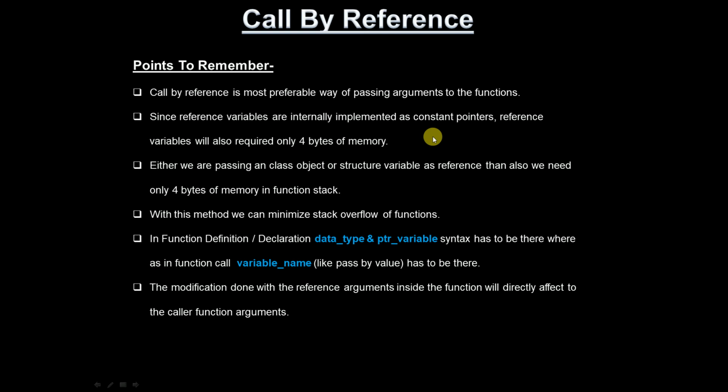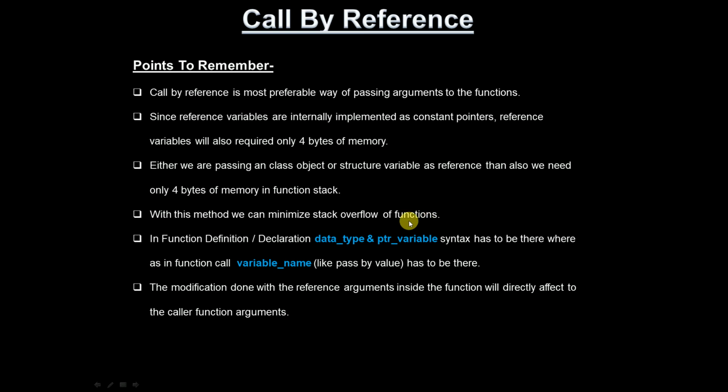Since we are using a reference variable, which is internally implemented as a constant pointer, we need only 4 bytes of memory. In this way, we are saving a lot of memory, so we can minimize stack overflow of functions.